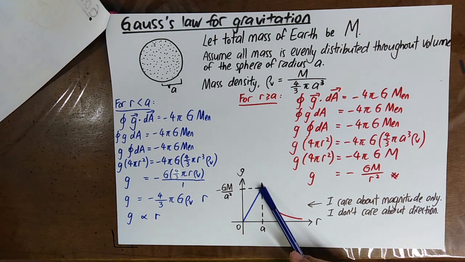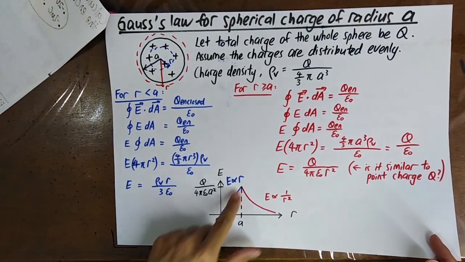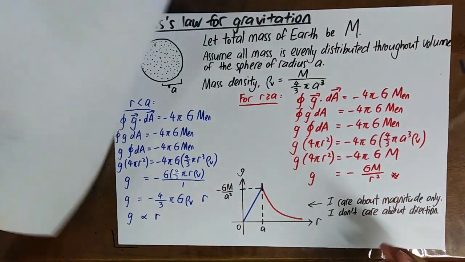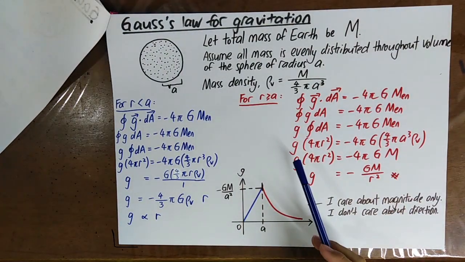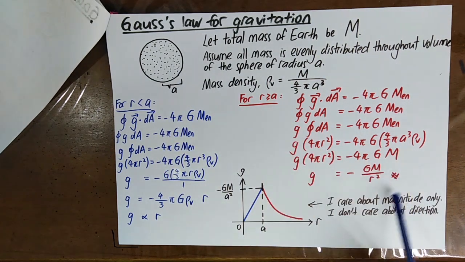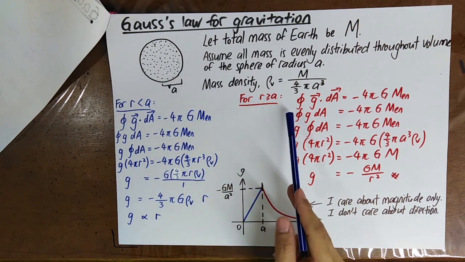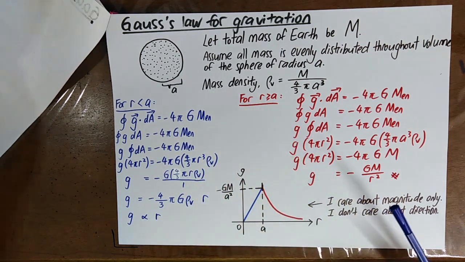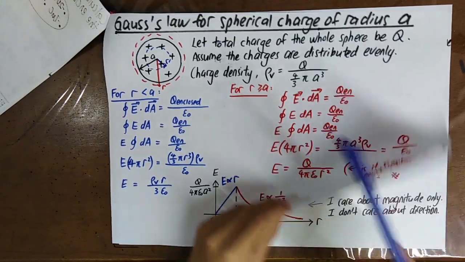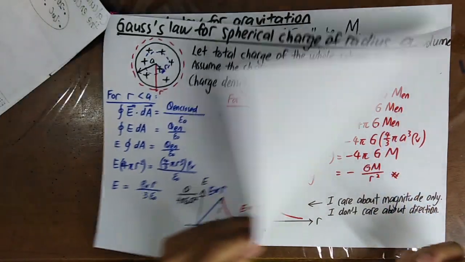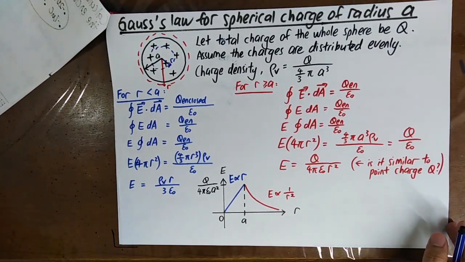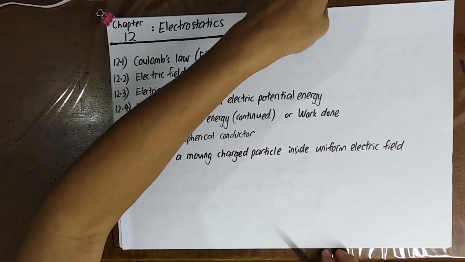The shape of this graph is similar to the shape of this graph. But remember that in the STPM syllabus, you don't actually derive G by using Gauss' law. You use another method. Actually these two pages are not in your STPM syllabus, but I really need to tell you because I think they are really important.